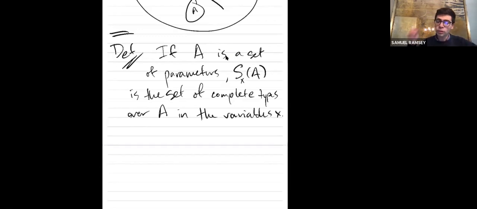Okay, so recall that a complete type over A is just a maximal decision about which formulas are true and which formulas are false of the variables x. So it's a maximal consistent set of formulas where the parameters come from A and the free variables come from x.